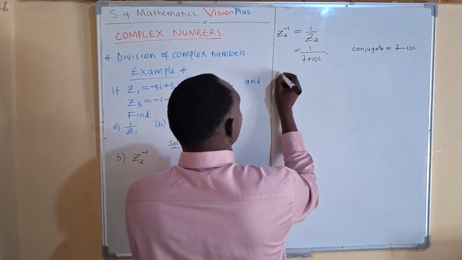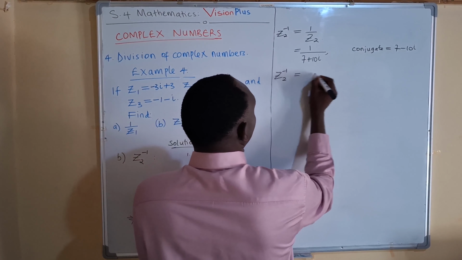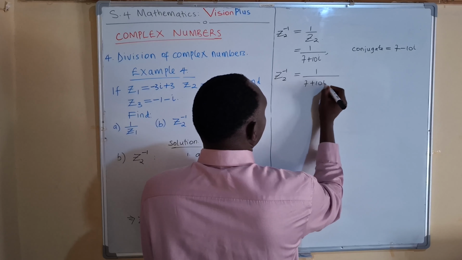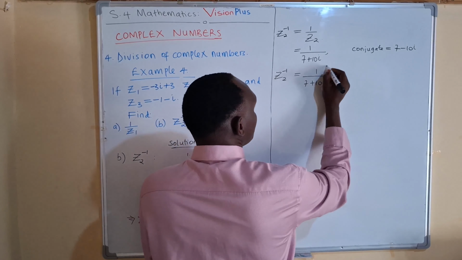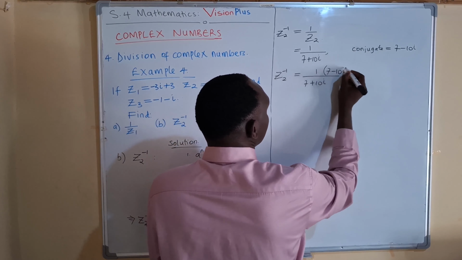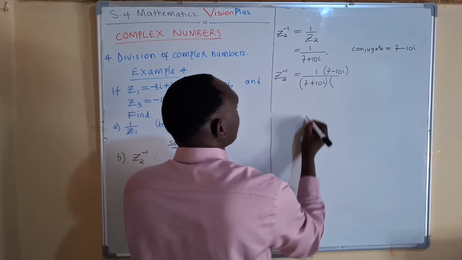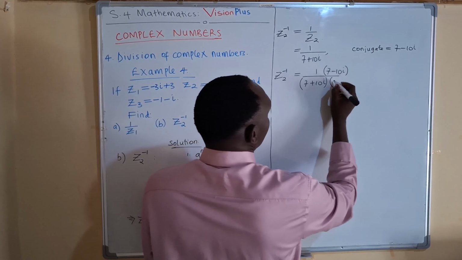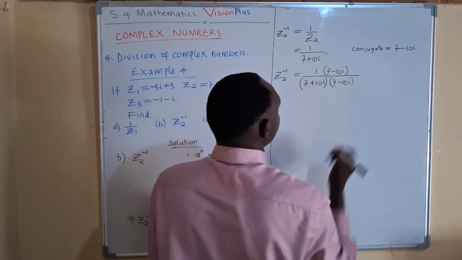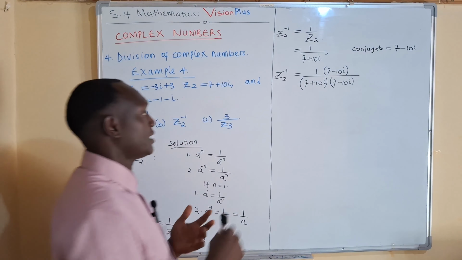So now here we can just say Z2 to the power negative 1 is the same as 1 over 7 plus 10i. But we are going to multiply the numerator by the conjugate, which is 7 minus 10i. Also the denominator, since there are two terms, we put them in brackets, and multiply it by its conjugate. Then from here, multiplication laws apply.